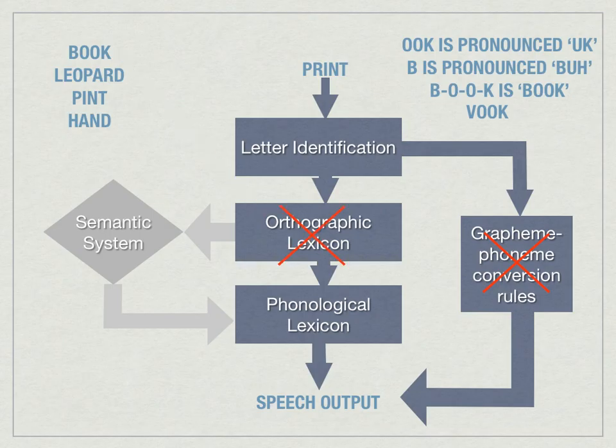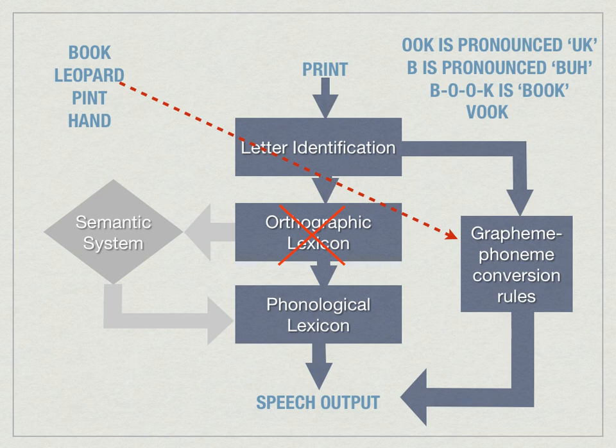Now, what happens if instead I damage the orthographic lexicon and grapheme phoneme conversion rules are intact? So I've damaged the other branch of this hypothetical architecture. Well, let us take leopard as an interesting case. How would the system cope with reading leopard? Well, leopard is not represented in the orthographic lexicon anymore because it has been damaged.